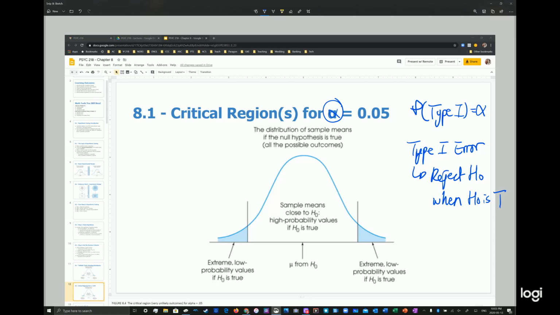That sample that you got turns out to come from the same population, or it turns out that there is actually no effect. But you have decided to reject it based on what you've seen here of how extreme that value is when you look at the sample mean in the sampling distribution.